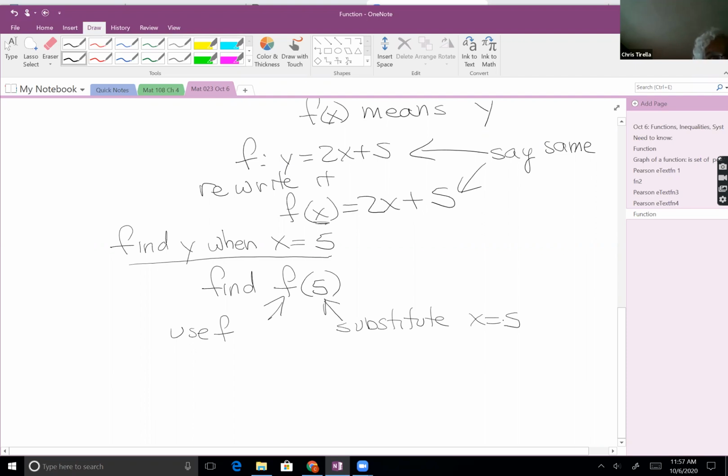And so f of 5 would be 2 times 5 plus 5, which gives us our 15. And so we can say f of 5 is 15, which tells us when x is 5, y is 15. Just another way of writing it.